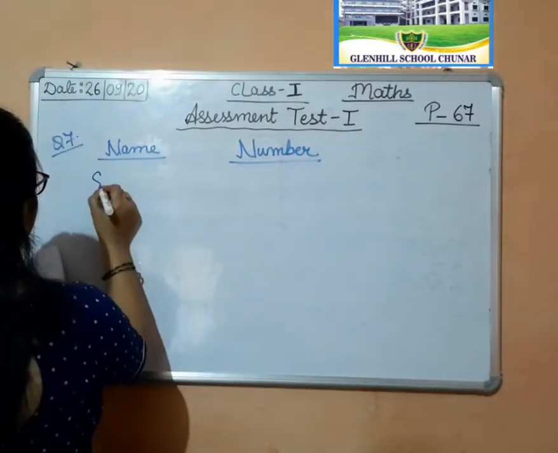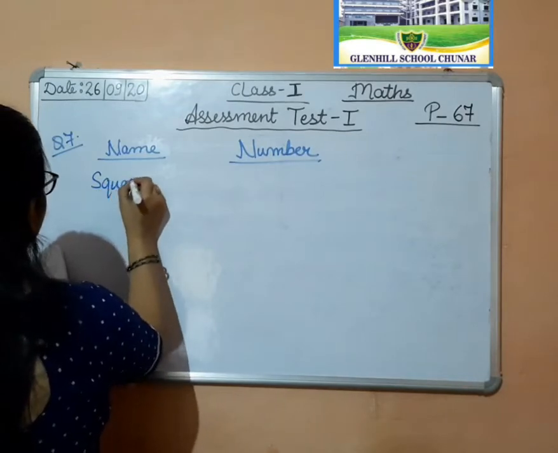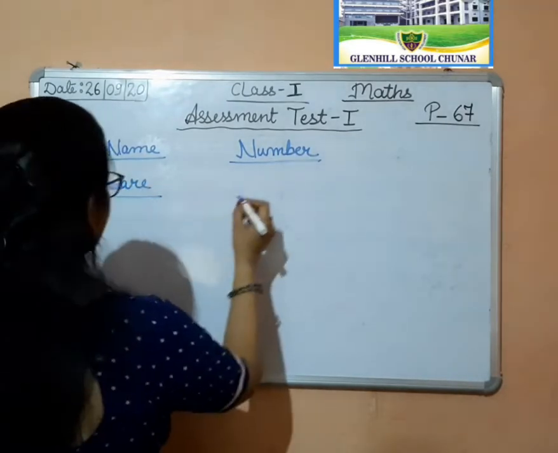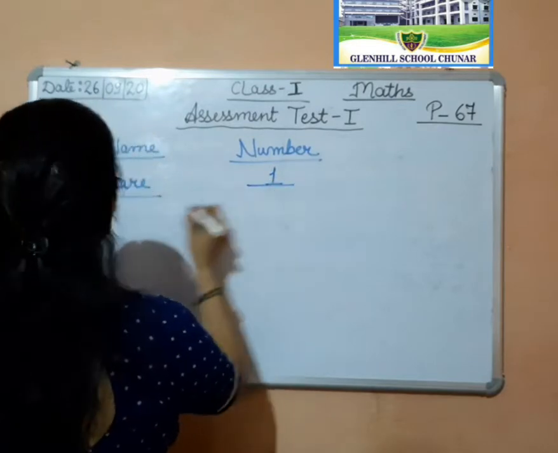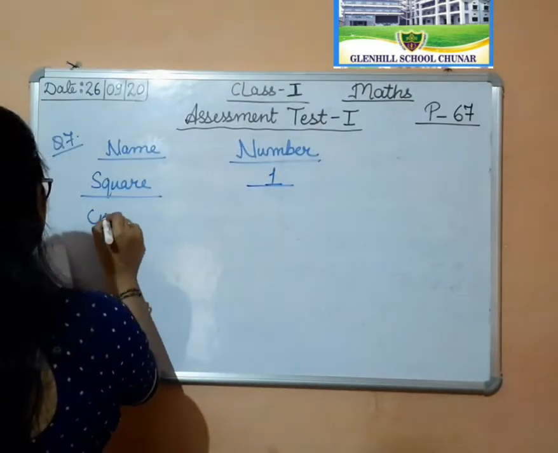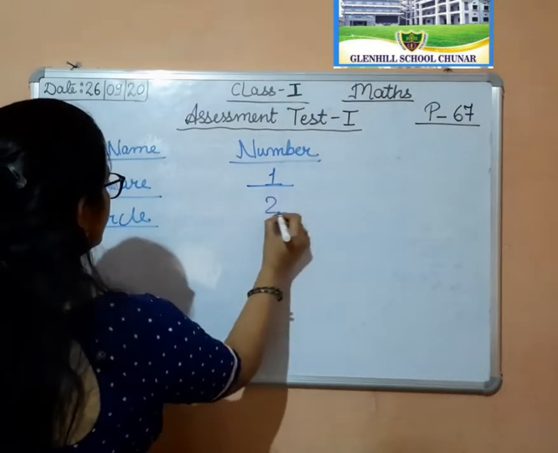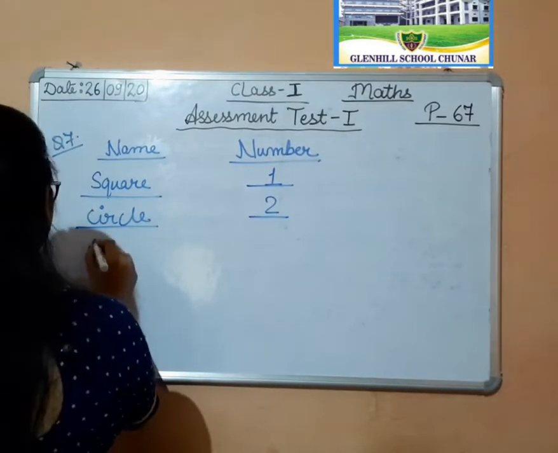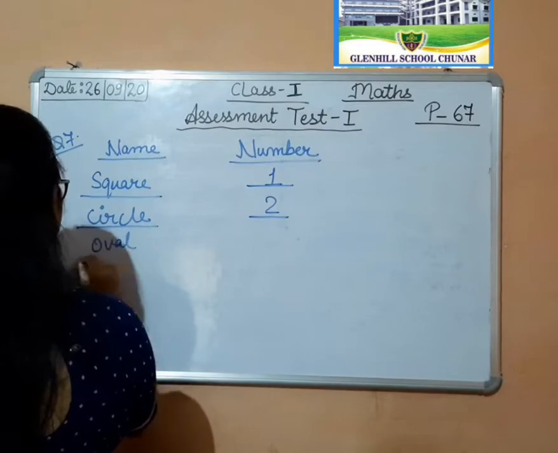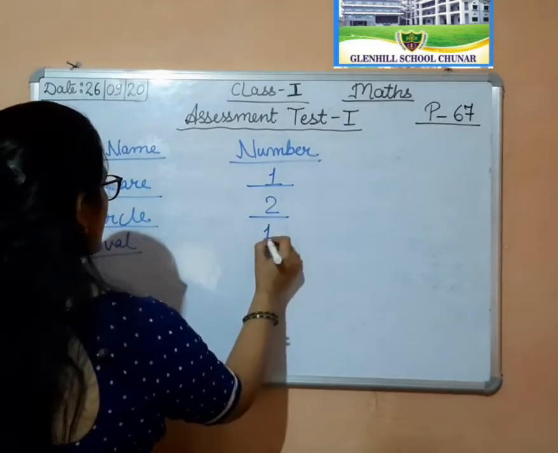Now see, square is how many? Square is 1. Okay, then circle is what? How many circles are there? 2. Oval is 1.